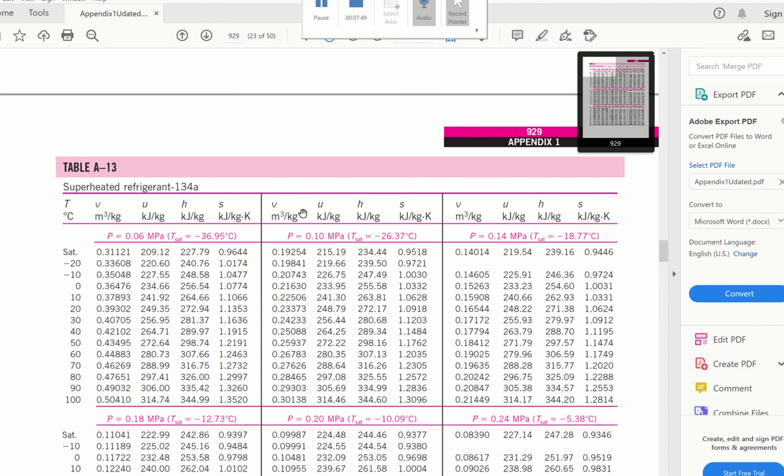Okay, we need to find V and we need to find U. I'm sorry, V and H. Our temperature is negative 10, so we're going to extract some numbers.